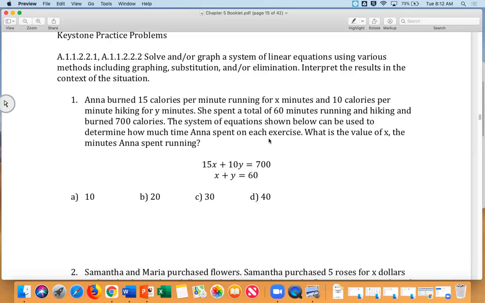Well, use elimination. Like, you know the answer, right? Yep, that's it. All right, so key to this question, you can do it the hard way or you can do it the smarter way. Either way is fine.